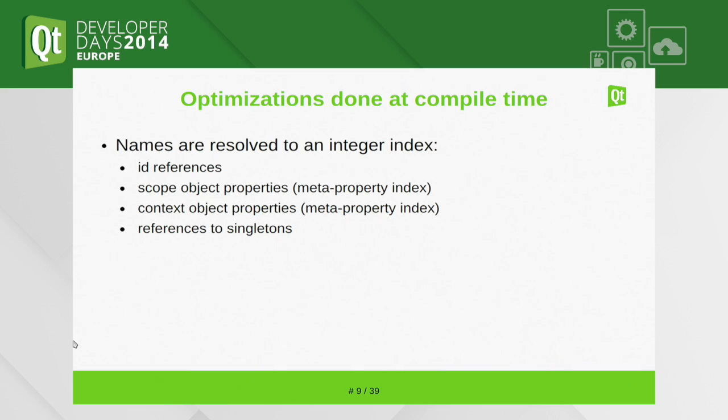We try to resolve it to an integer identifier, to an index in an array, because if you know an index in an array, you can access it very fast. If you're trying to find an element in an array with a specific name, you have to go through all of them. It takes longer. So we have done optimizations, as when you try to look up an object by ID, or when you try to do the other case that I explained, then we resolve those to integers and can deal with them faster at runtime.